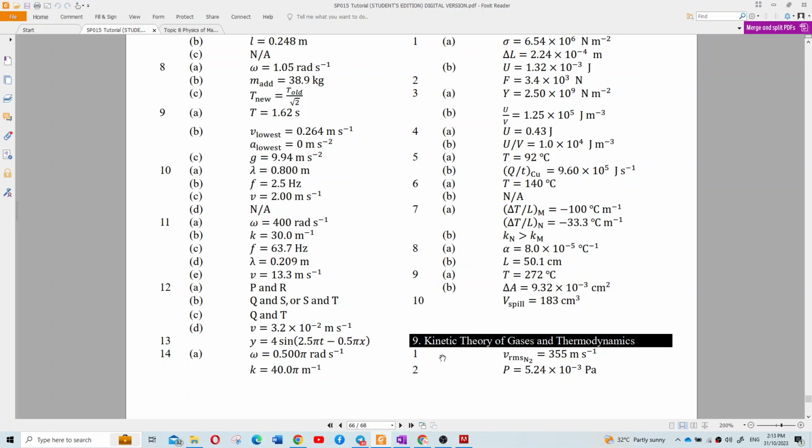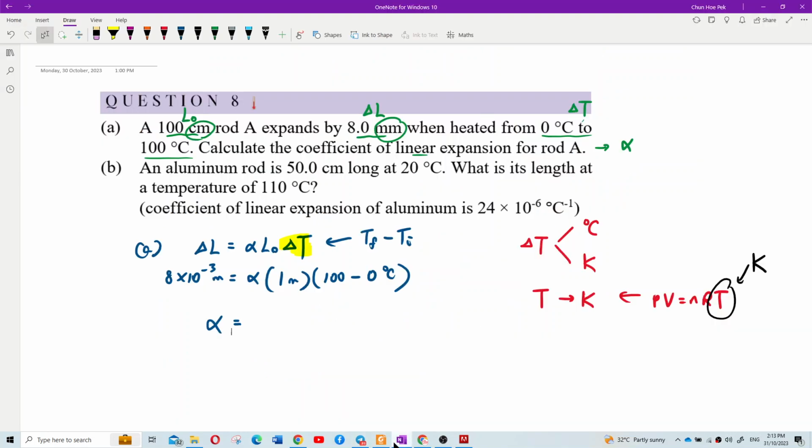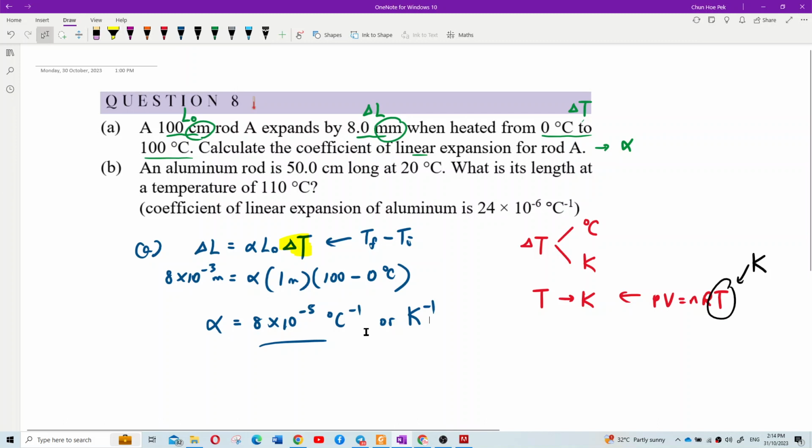The unit is per degree Celsius, or you can also write per Kelvin. The unit for alpha can be per degree Celsius or per Kelvin.